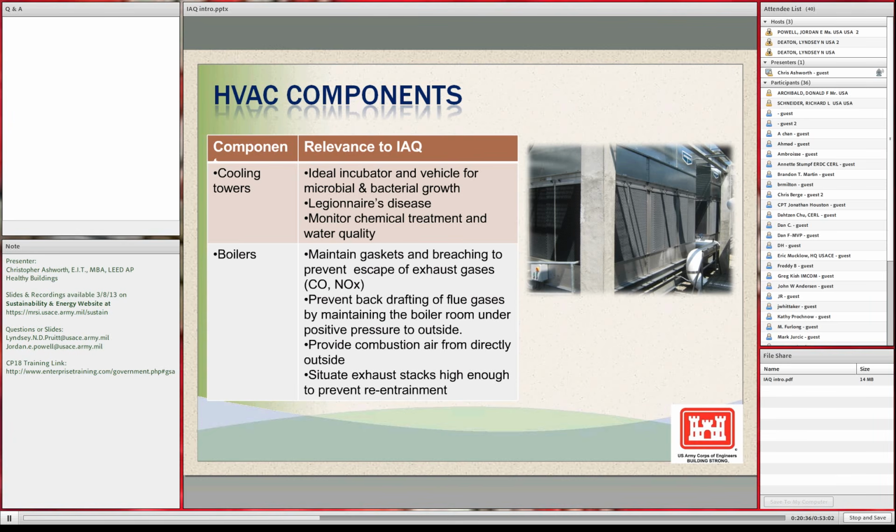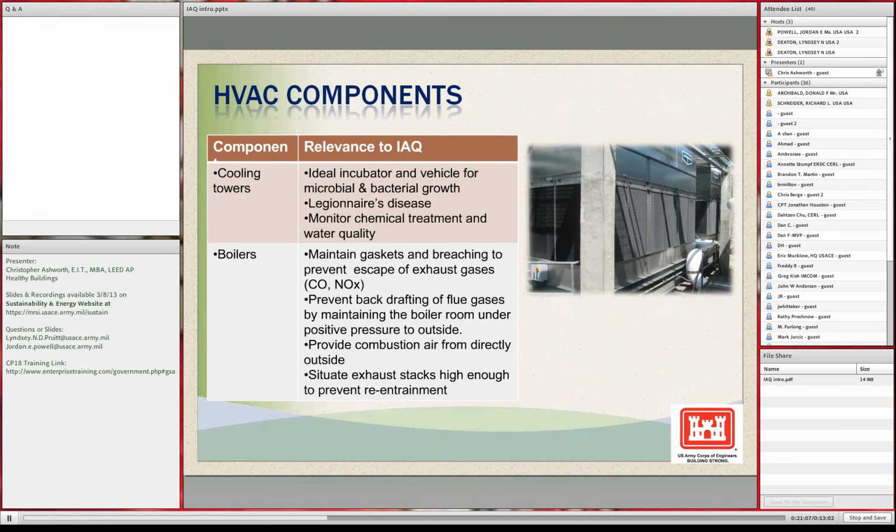Actually, ASHRAE is reviewing a new standard, called ASHRAE 188, about managing Legionnaires' disease and bacterial growth within cooling towers and the plumbing system as a whole. And when I say as a whole, you're talking about hot water taps, hot water tanks, etc. So that's really the big thing from an ASHRAE standpoint that's coming out and has a direct correlation to the indoor air quality of a building.